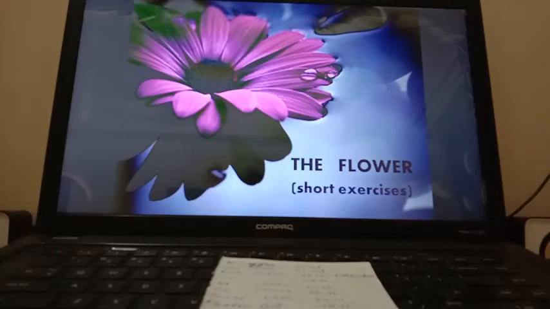Now, I am going to tell you the answers of choose the correct answer. Number 1, a flower consisting of all the 4 whorls is called a complete flower. Number 2, the female reproductive part of the flower is carpel.